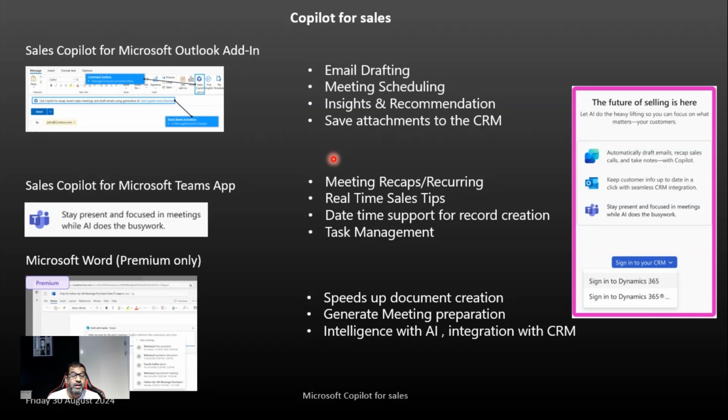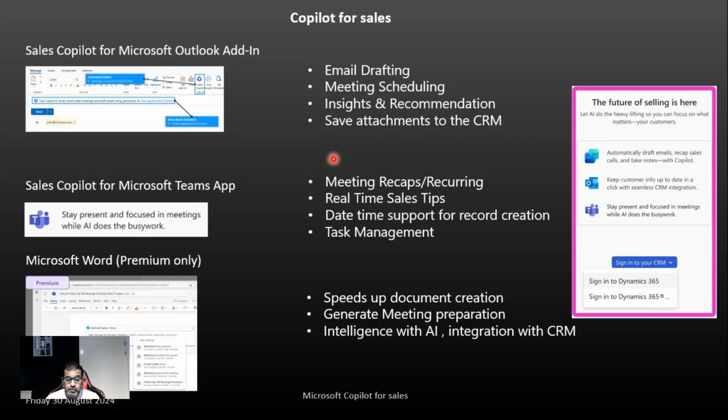Whatever tasks it has received, you can either create them, or you can just discard them if they are not relevant to you. But the main thing is, these tasks are very important to follow up with your leads. That would definitely give customer satisfaction, or bring a new customer into your sales. So these are the examples that would really help in enhancing your sales process.